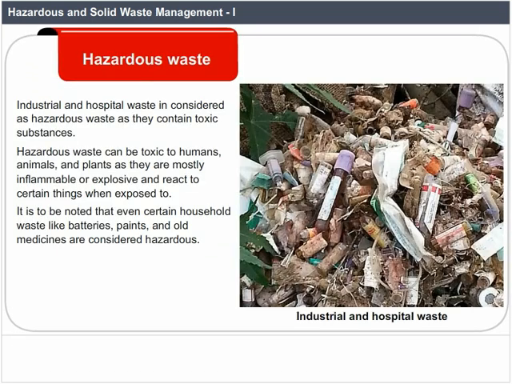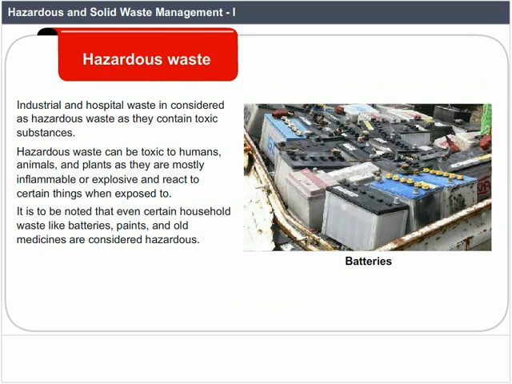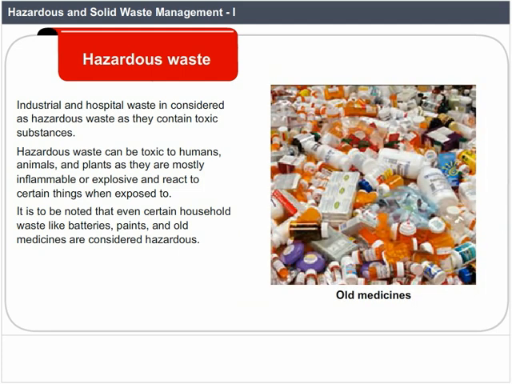Hazardous waste. Industrial and hospital waste is considered hazardous waste as they contain toxic substances. Hazardous waste can be toxic to humans, animals, and plants as it is mostly inflammable or explosive and reacts to certain things when exposed to them. It is to be noted that even certain household waste like batteries, paints, and old medicines are considered hazardous.